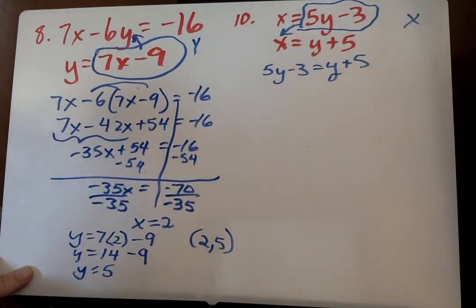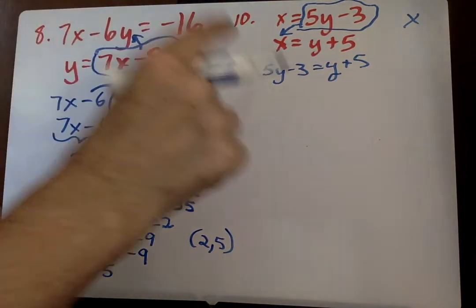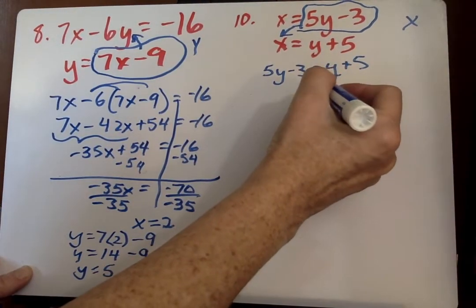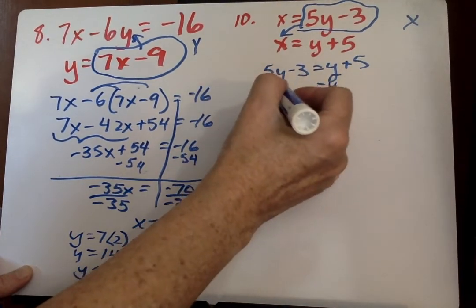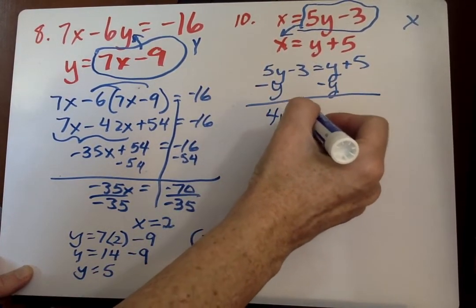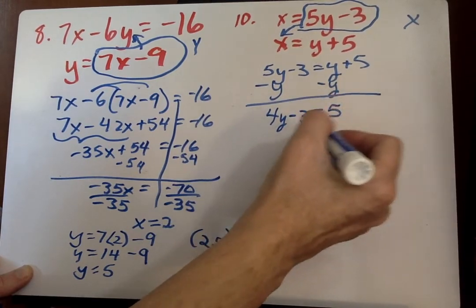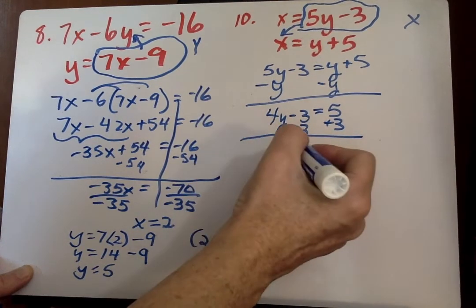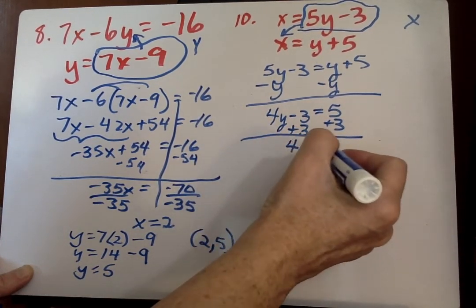So whichever variable is isolated, that's the one you won't be solving for. Okay? So now we have to get the y's on the same side. 4y minus 3 equals 5. Add 3. 4y equals 8.